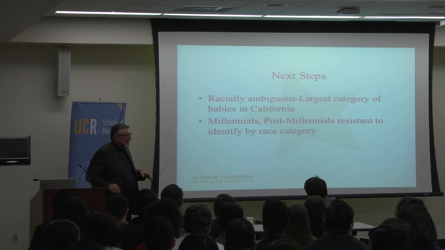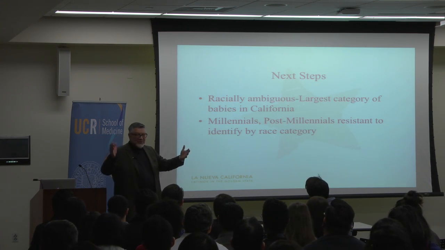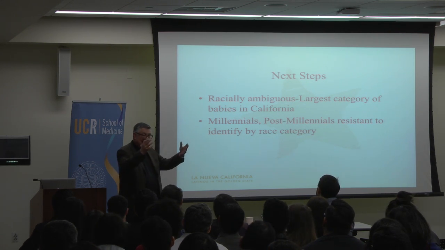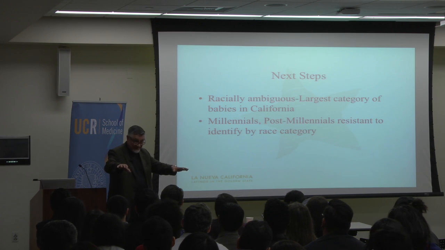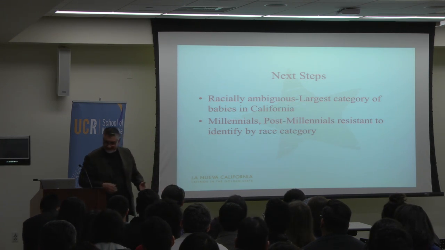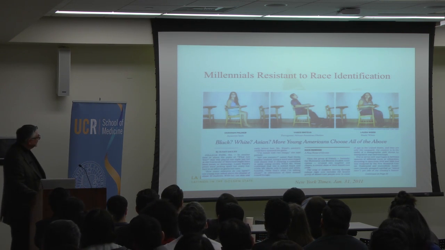So if we're going to do, as our only variable, look at health disparities by race, and you're going to have maybe half the population saying, that's not me, how do we measure disparity? It doesn't mean we're going to be a post-race society at all, by the way. Not at all. But just our standard measures are not going to give us the information that we need to track disparities and wellness. And here are the young millennials.